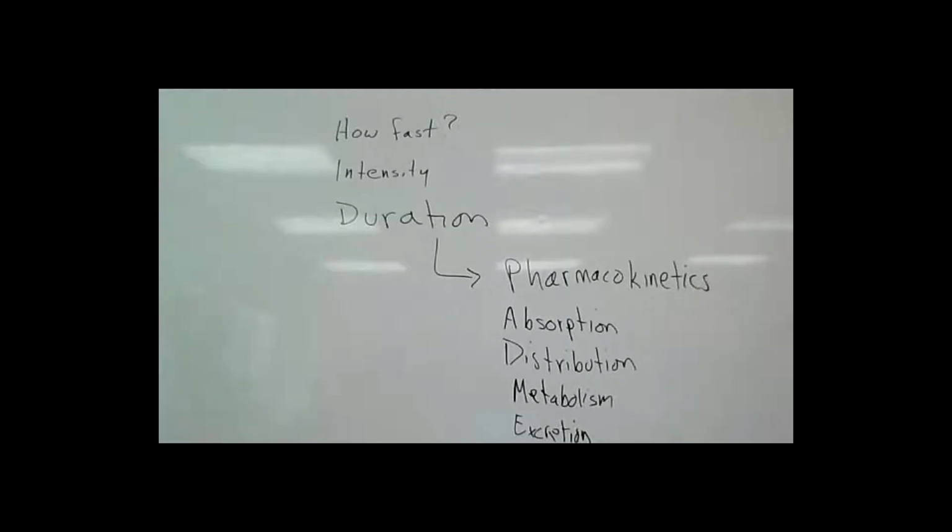Some of it's metabolized, anywhere from 10 to 80% in the liver on this first round. That's one of the reasons oral drugs are very often much higher dose than injectable drugs, because the liver will metabolize a great deal of that first round of drug.